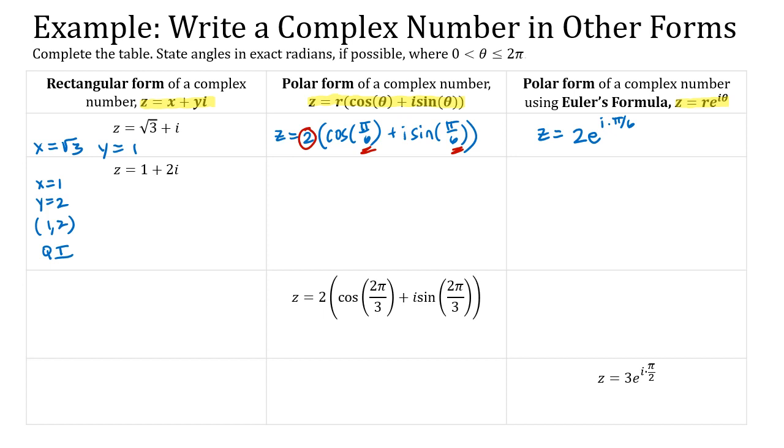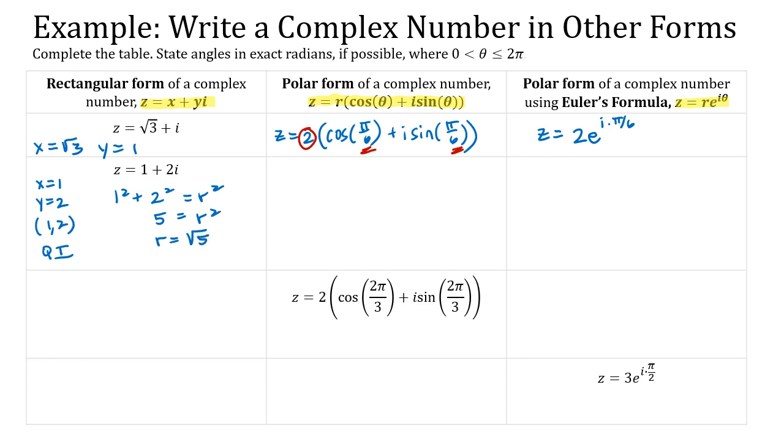And our first job is going to be to find r and theta. So we're going to use x squared plus y squared equals r squared to write 1 squared plus 2 squared equals r squared. So that's going to give me 1 plus 4, which is 5. And I'm going to say that r is equal to the square root of 5.